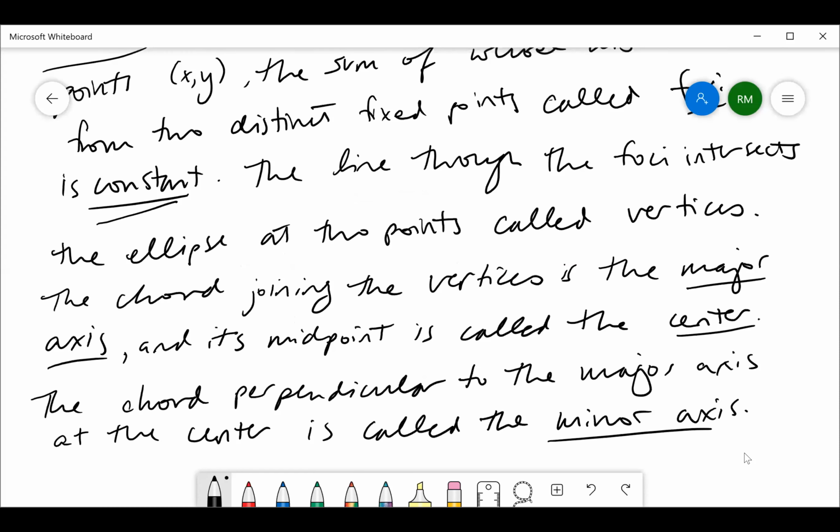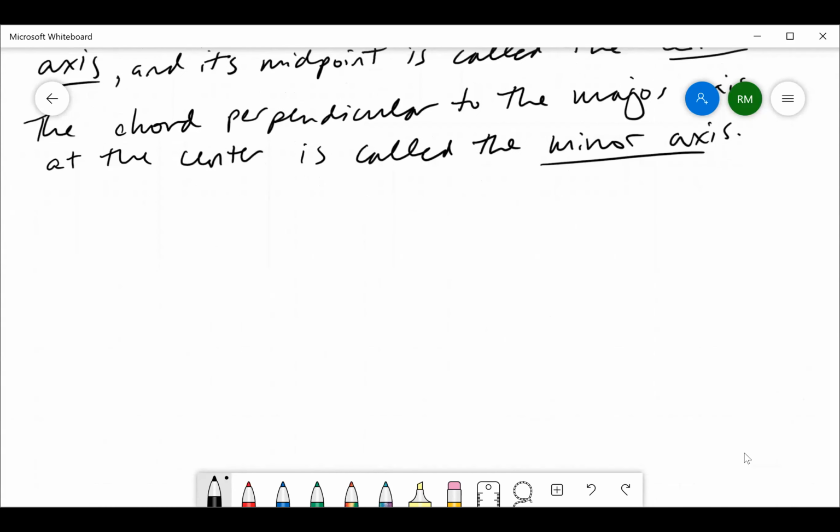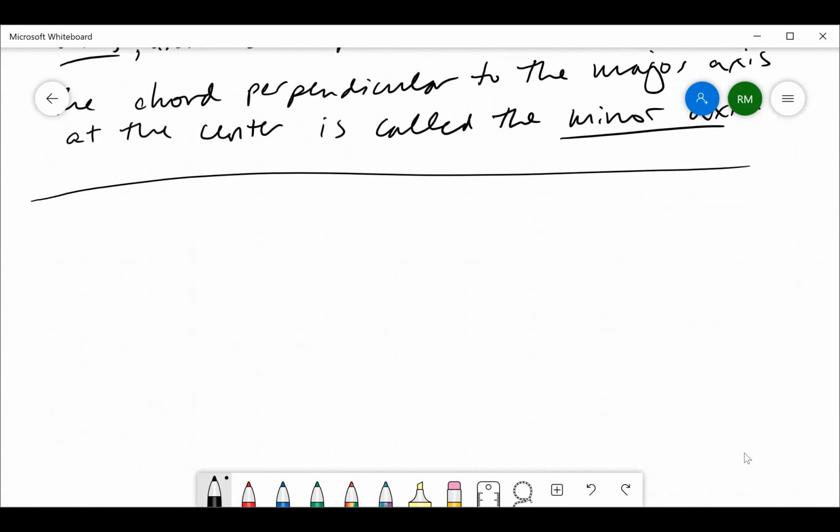So we can define the standard form of the ellipse. We're not going to prove this one. It's not as easy as the parabola, but it is possible.